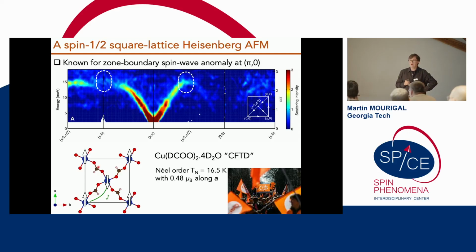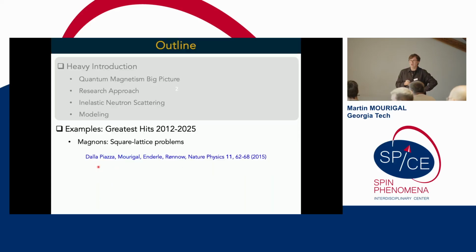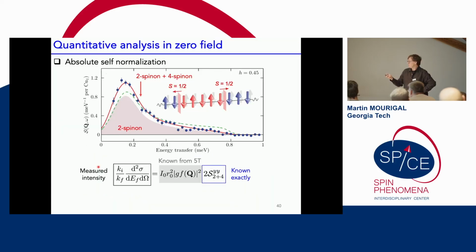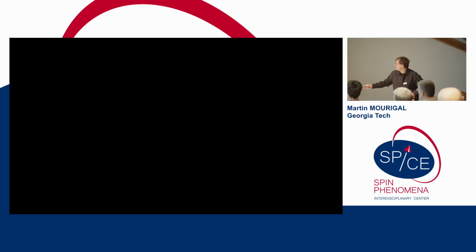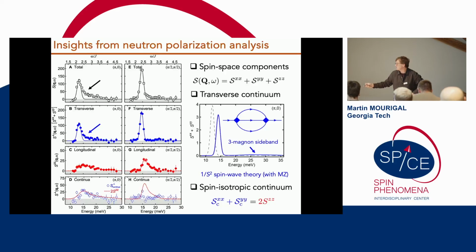And does it show up near twice the magnon energy? Here you see, this is just above the one-magnon energy. This is the one-magnon peak here at 15 meV, and this quasi-resonance lives just above it.